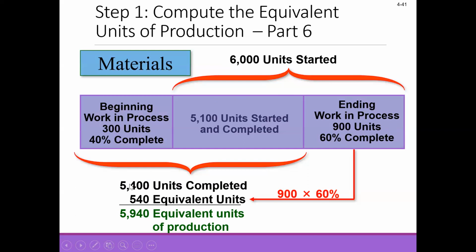And then we completed 5,940 equivalent units. See, 6,000 units are started. The 5,940 were manufactured during the period.